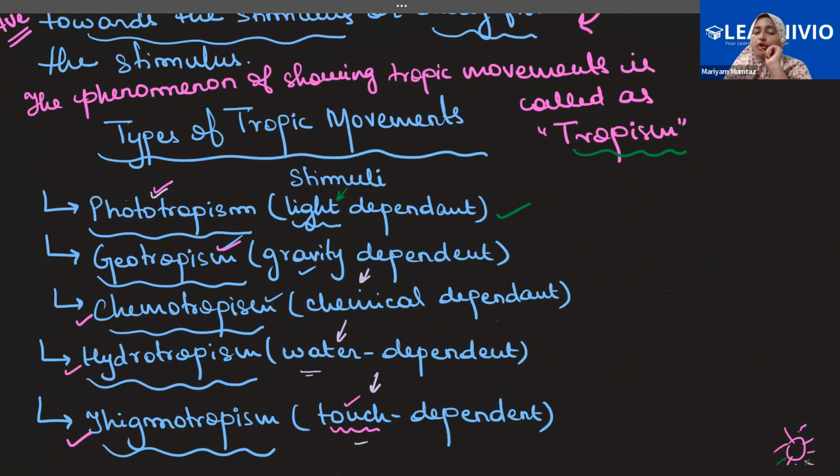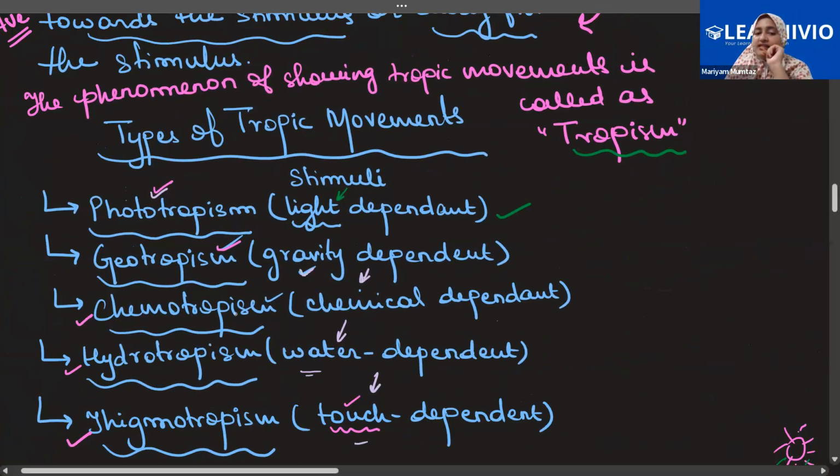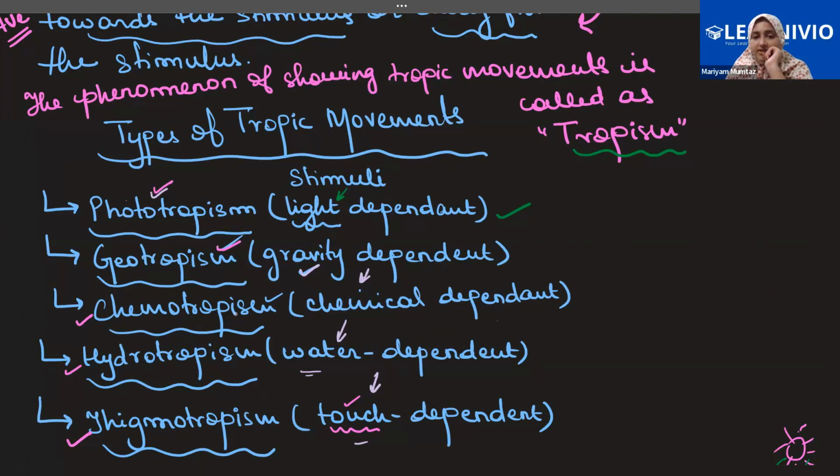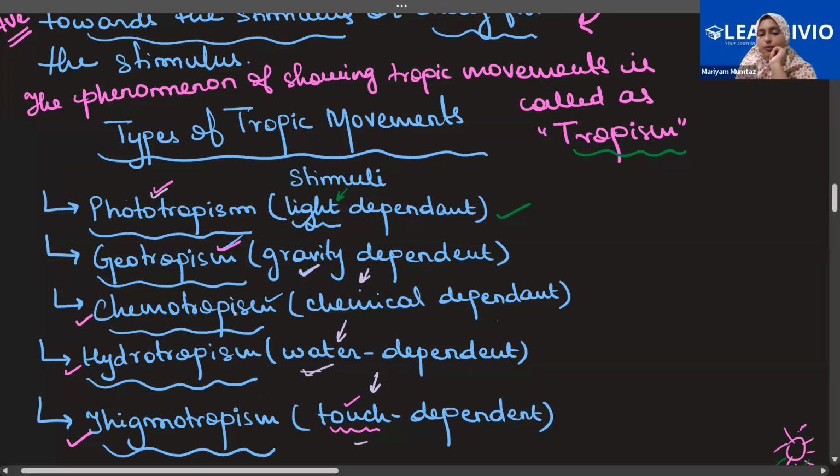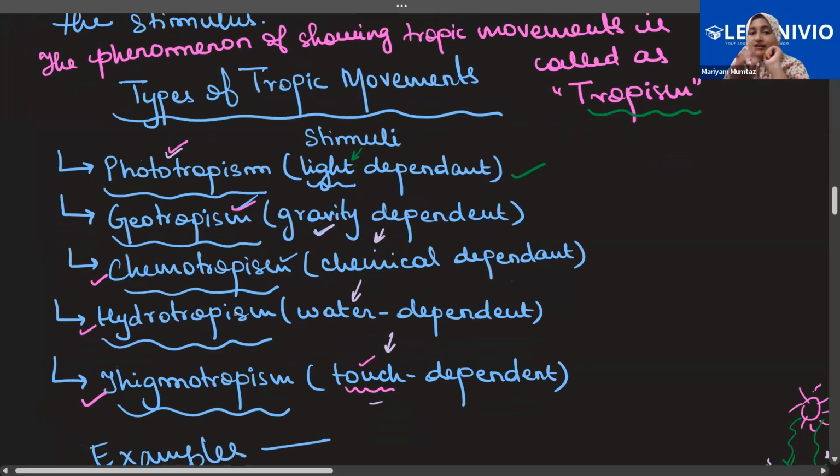We have geotropism, where the stimulus is gravity. Then we have chemotropism, where the stimulus is chemicals. We have hydrotropism, where the stimulus is water. Then we have thigmotropism, where the stimulus is touch. So these are the various tropic movements that you would find in plants.